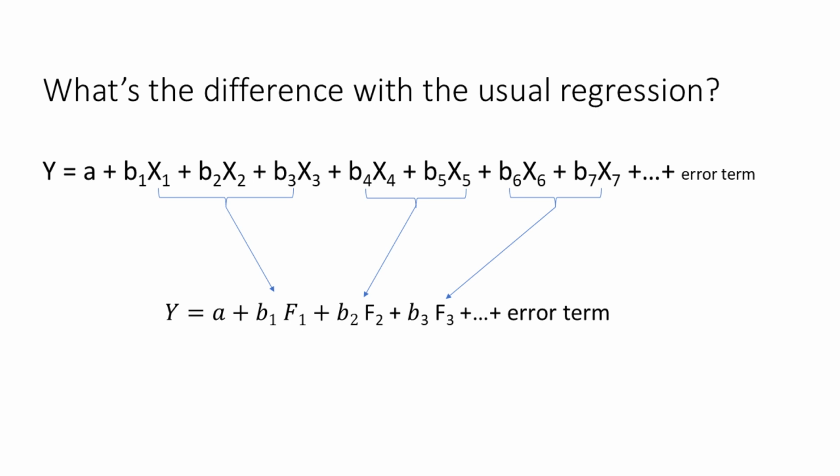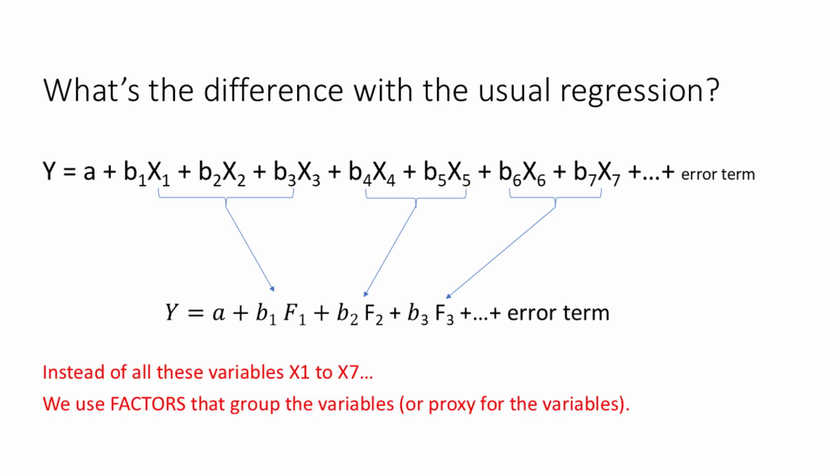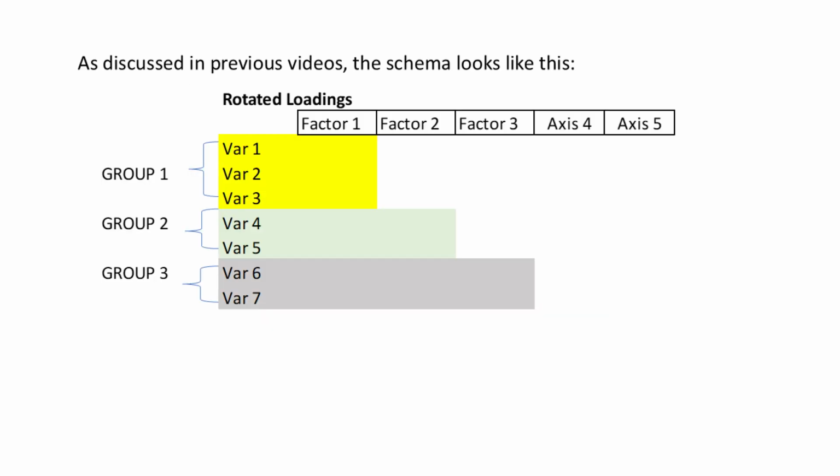They'll explain the variables that move together so that instead of regressing the original set of variables, you're regressing using a smaller set of independent variables, which are now called the factors. So instead of all these variables x1 to x7, for example, we use factors that group the variables together or proxy for the variables.